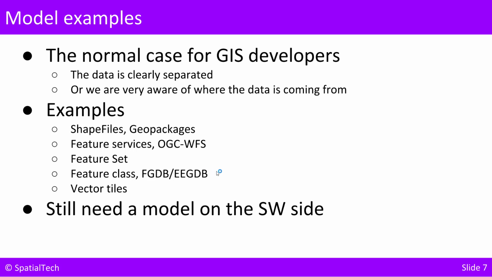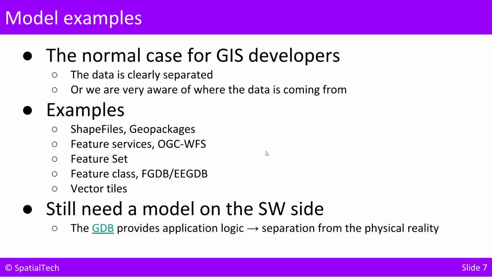So even though we may have a model for storage, like I said, we sometimes stack models on top of models. We still need a model on the software side to abstract all of those different things above, typically as one thing, a feature. And one thing that the geodatabase does is provide application logic, or a separation from the physical reality. Was that a directory? Was that a shapefile? Was that a database? Doesn't matter.